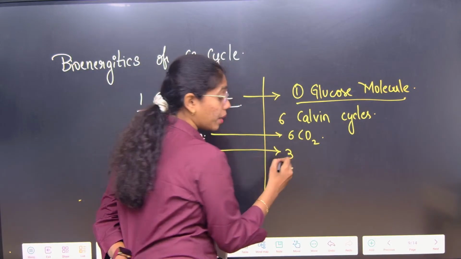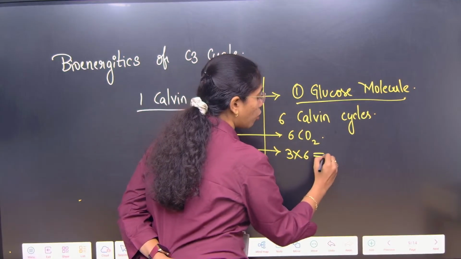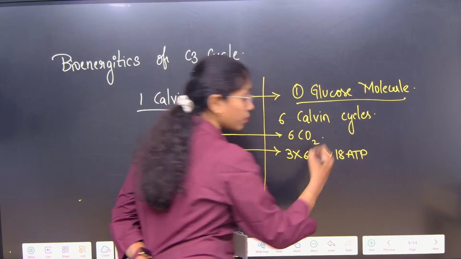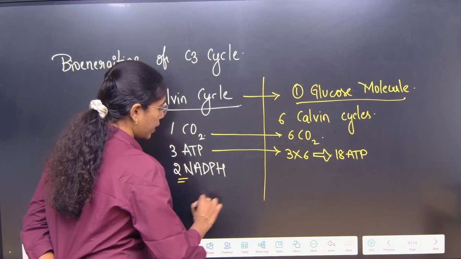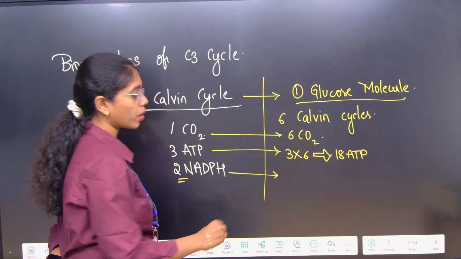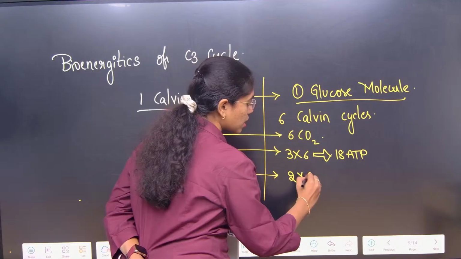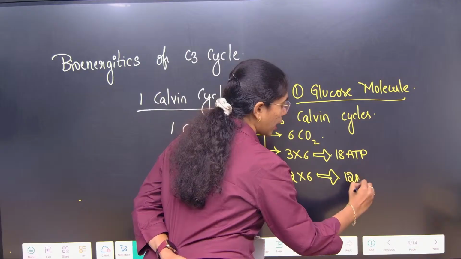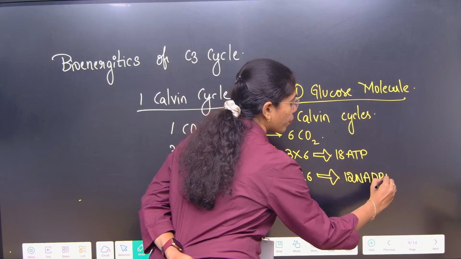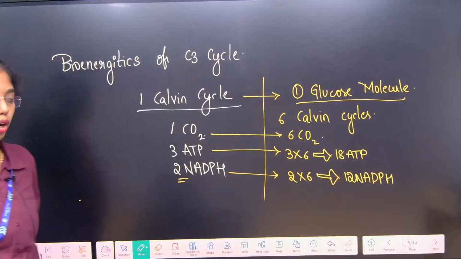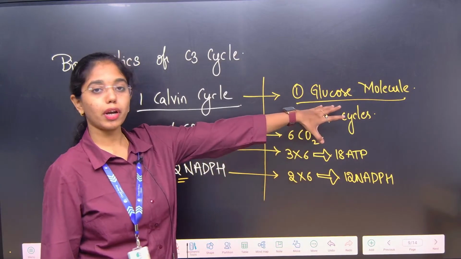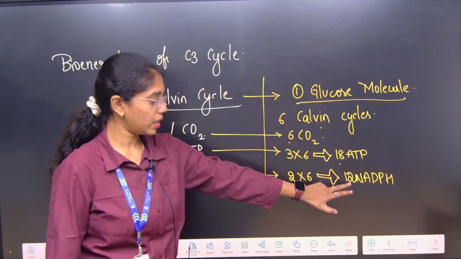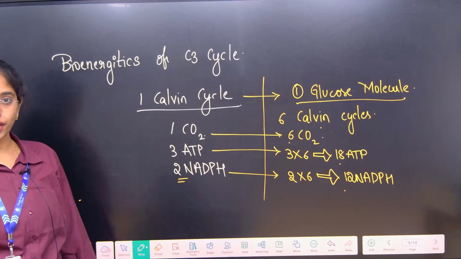Just multiply 3 into 6. Total how much? 18 ATP. Got it? 2 NADPH. How much NADPH is required? 2 into 6, we have 12 NADPH. So for the formation of one glucose molecule, 6 Calvin cycles, 6 carbon dioxides, 18 ATP and 12 NADPH are required.